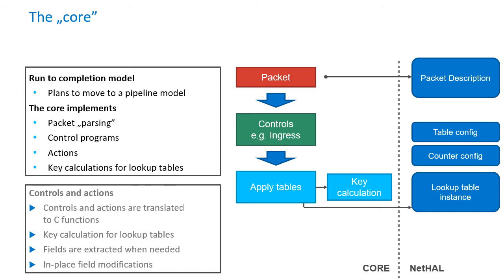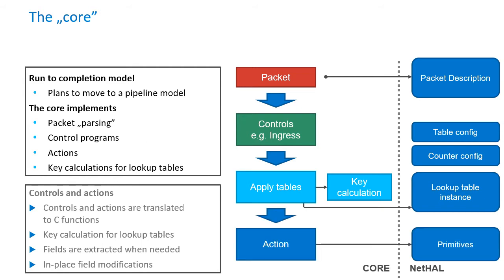However, these table instances are implemented by the network hardware abstraction library, and we can access them through some specific function calls. Then, as a result, we get back an action, and the action is executed. The action is implemented by the core, and in this implementation, we can use the primitives provided by the network hardware abstraction library.